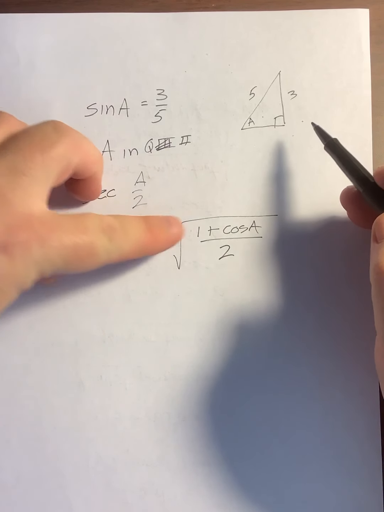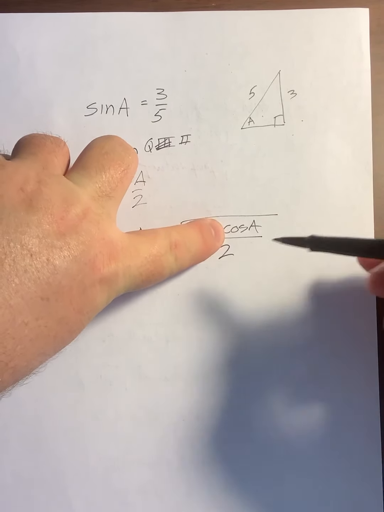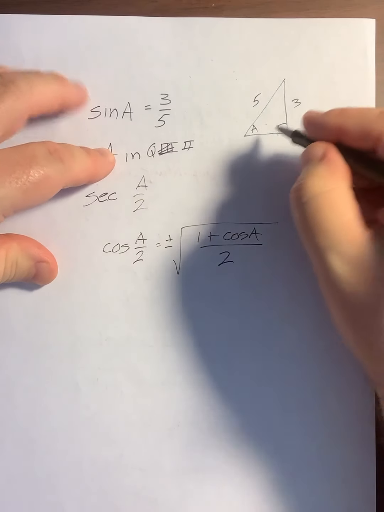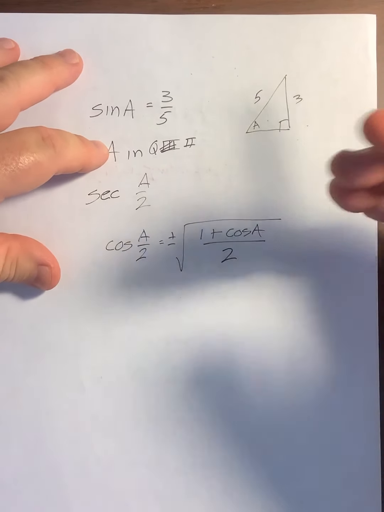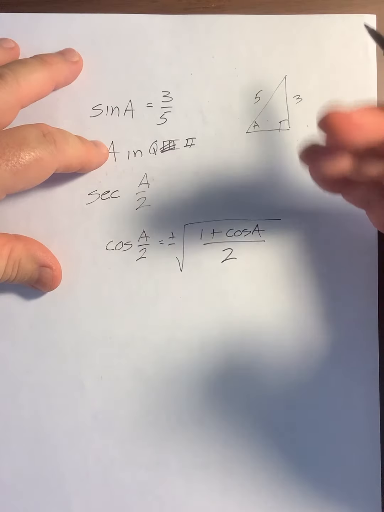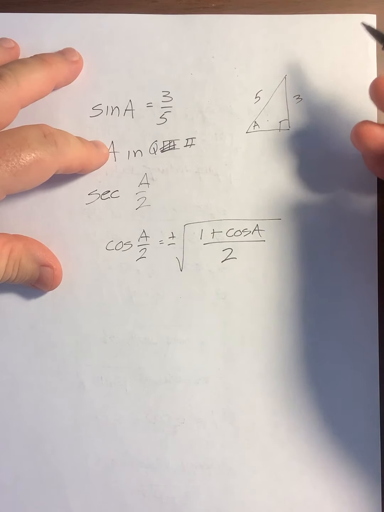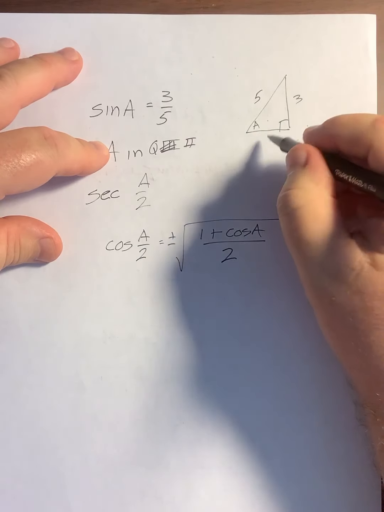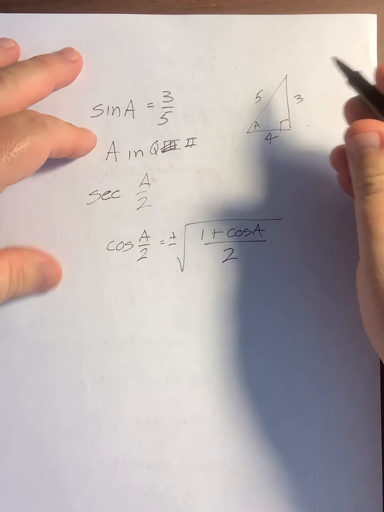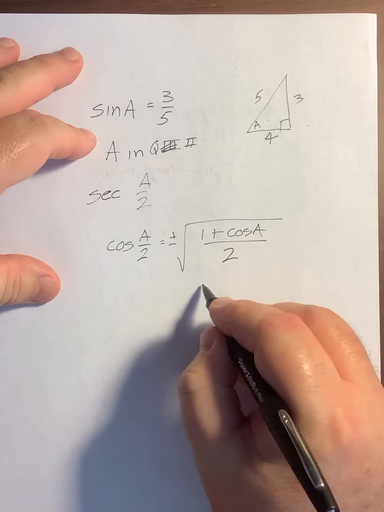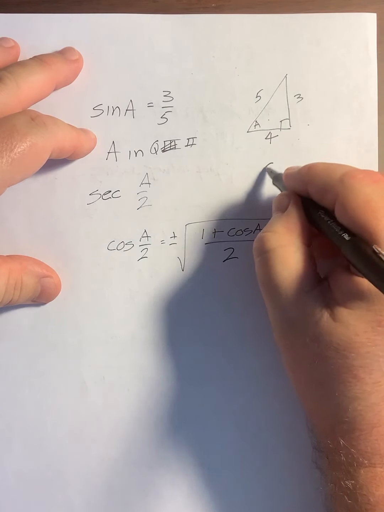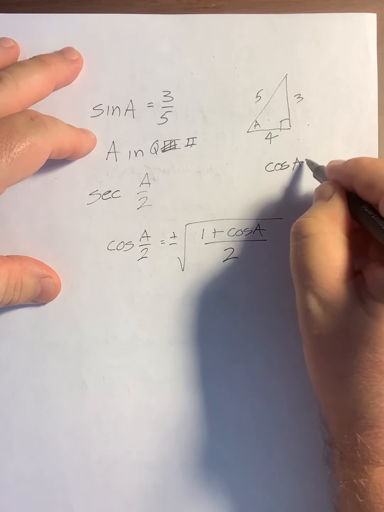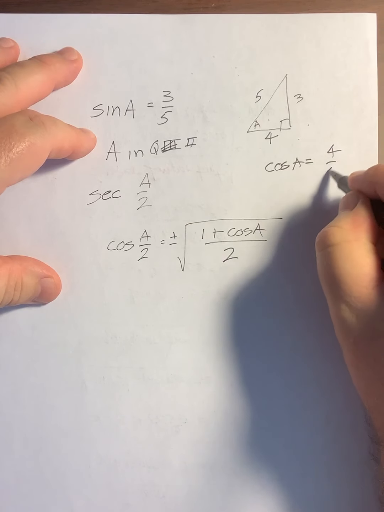So if I want to find the cosine, which is what I need to be able to plug into the formula, I need to find out what this side is, because cosine is adjacent over hypotenuse. Now, we're keeping this really simple. Obviously, you know this is a 3, 4, 5 right triangle. So then the cosine of A is, let me just write this up here, 4/5.